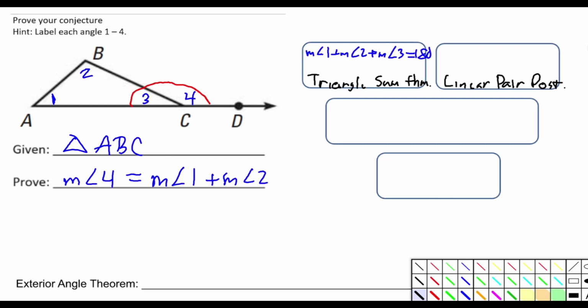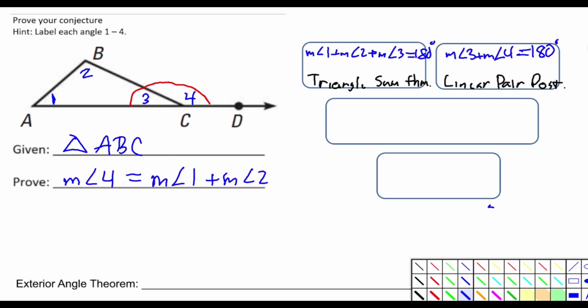But what do we know about angles 3 and 4? Well, we know that the measure of angle 3 plus the measure of angle 4 has to equal 180 also. Perfect. So check that out. Two things that we've been building on for a while. We know triangles add up to 180. We know linear pairs add up to 180.